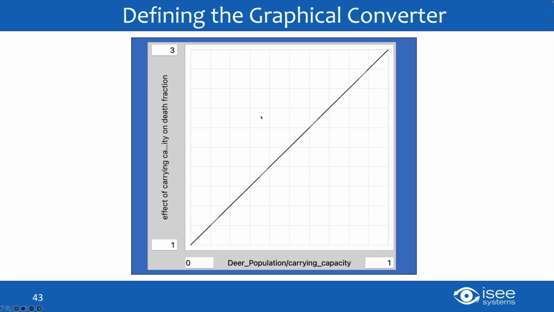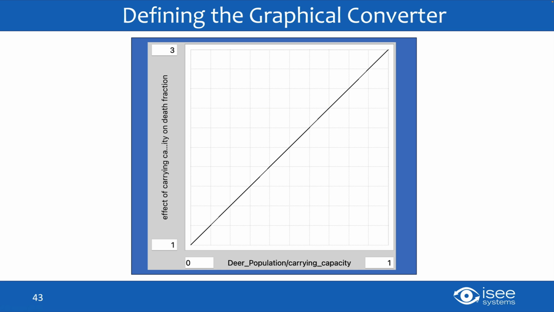So for each increase in the ratio of deer to carrying capacity, the death fraction will grow a little larger. The vertical value on this graph is a number between 1 and 3, and we will have that value multiply by the normal death fraction to create a new death fraction that the model will use. I'll show you how to do that connection soon.